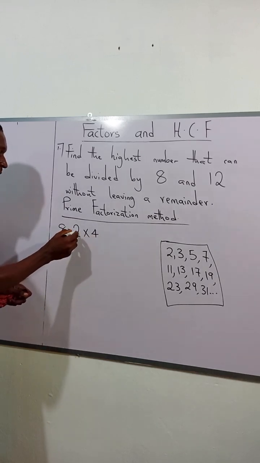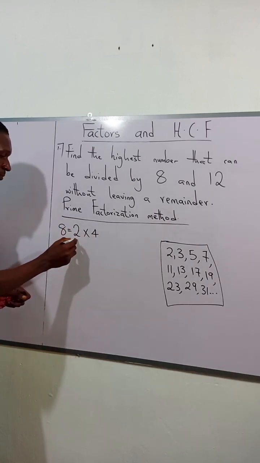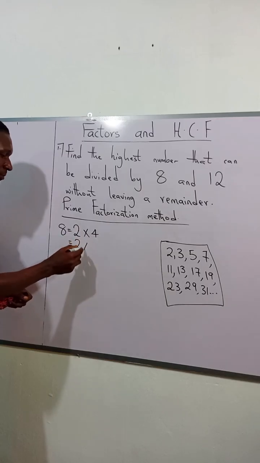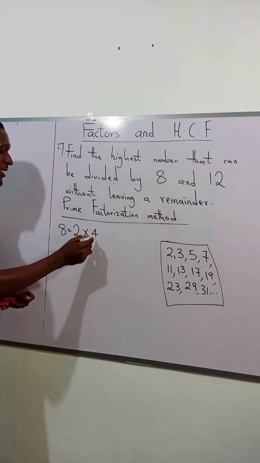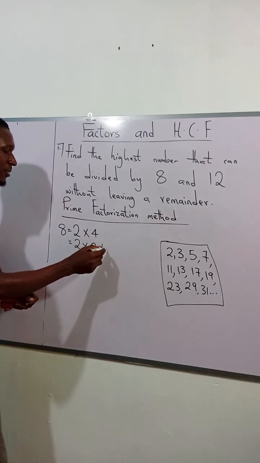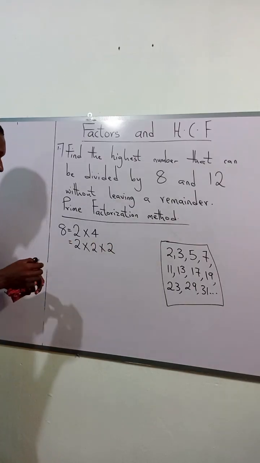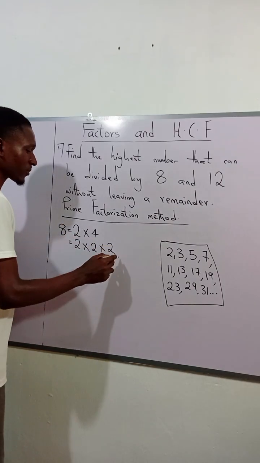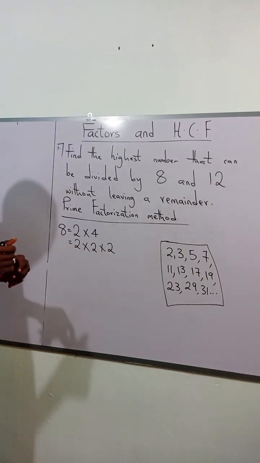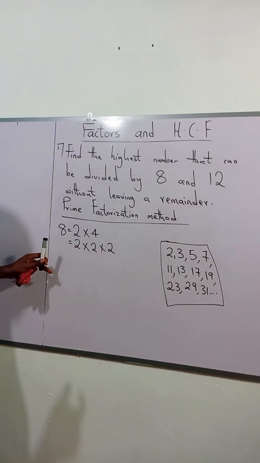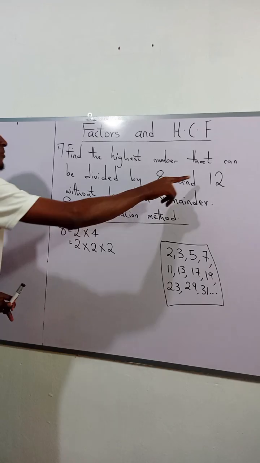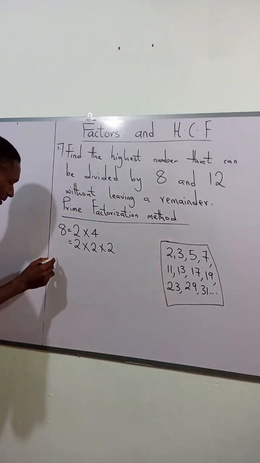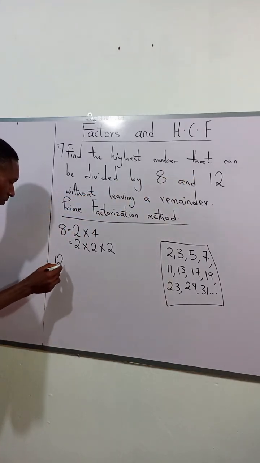And therefore here you are now going to have 2 multiplied by, this 4 is changed to what? 2 times 2. And now we have converted this 8 into what? Prime numbers. The same thing, we are going to convert the 12 into prime numbers.